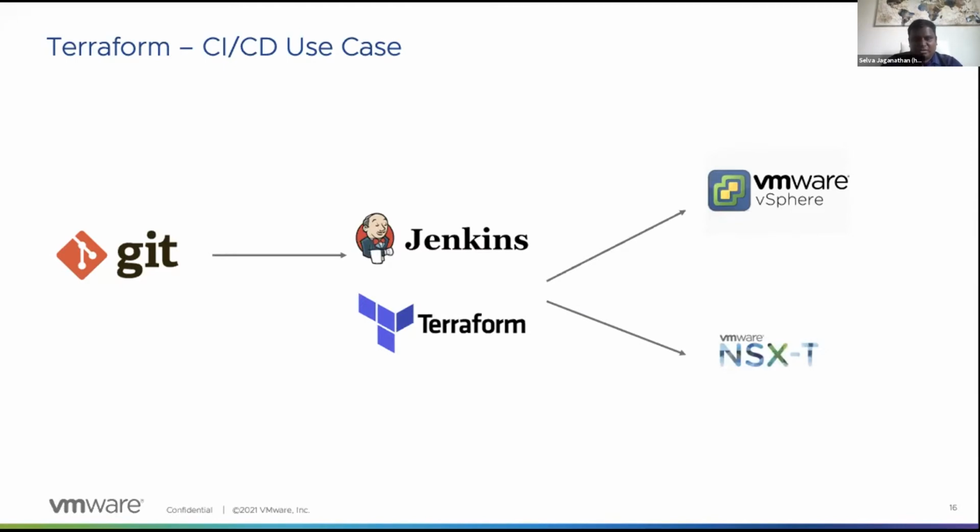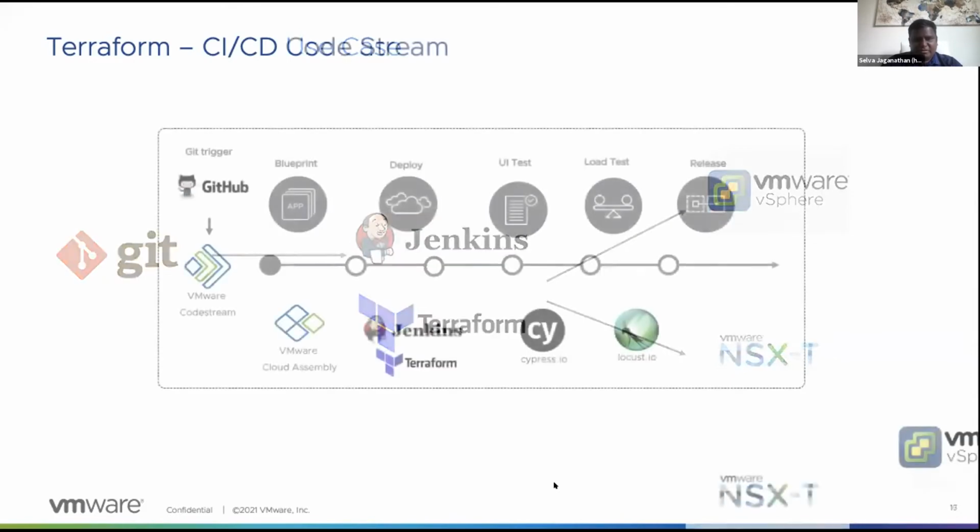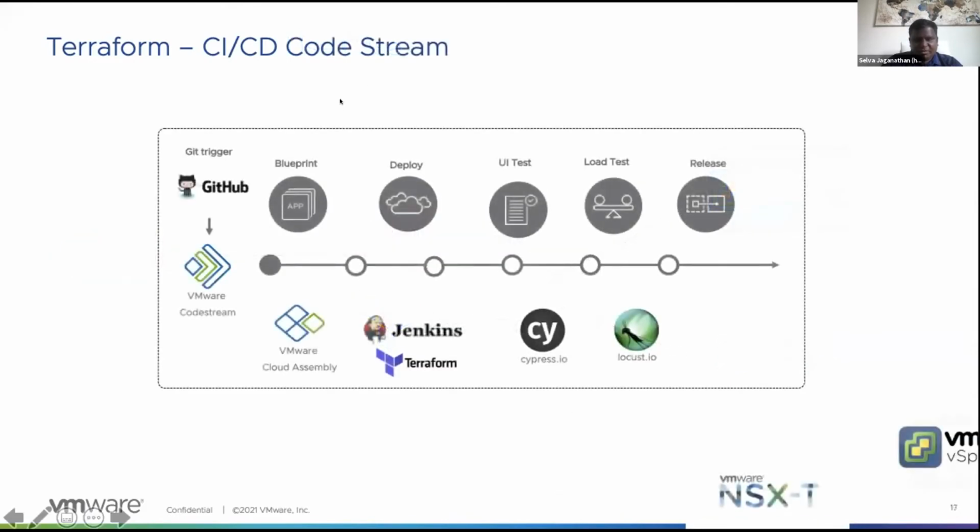Other tools where we can use Terraform: we can use CodeStream. So we have CI/CD with CodeStream, and you can include Terraform along with it. Here I have the GitHub repository that deploys the VM blueprint. Here we have the VLI's automation to deploy VMs, and then you deploy the apps and everything.